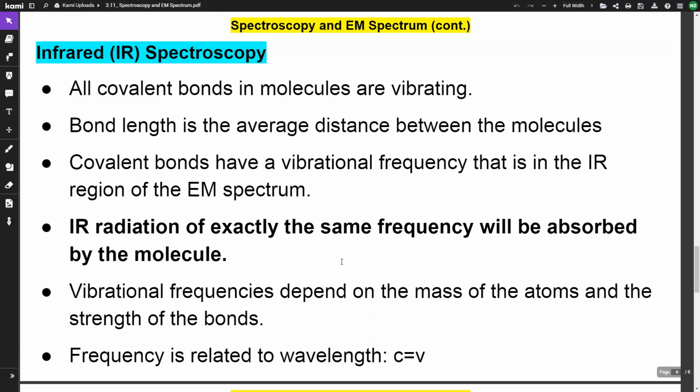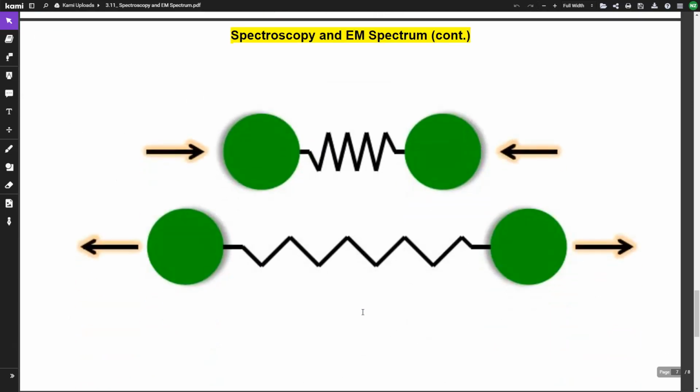Infrared radiation of exactly the same frequency will be absorbed by the molecule. Vibrational frequencies depend on the mass of the atoms and the strength of the bonds. Frequency is related to wavelength using the formula c = λν. So this is what I'm talking about with those bonds. They're going to be constantly moving in and out, in and out.